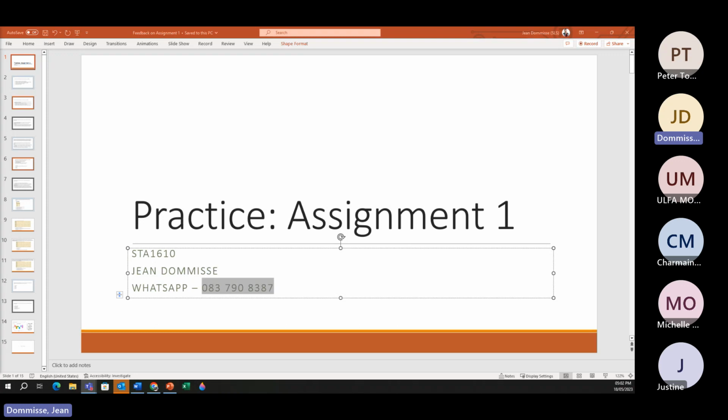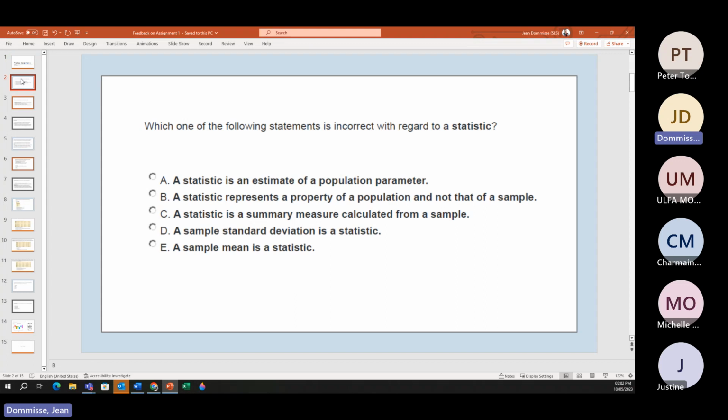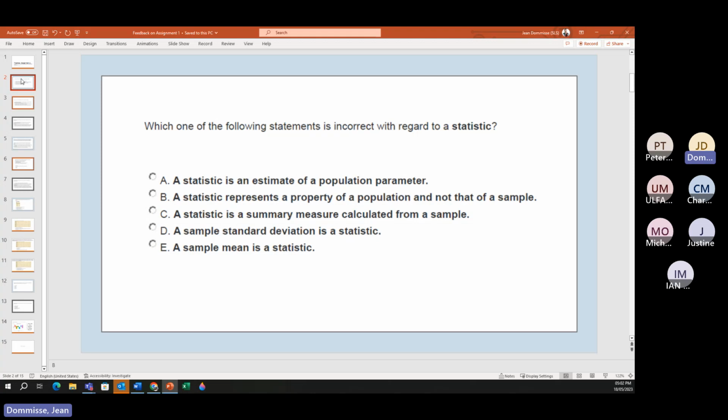Okay, so what I just want to go through is some of the practice questions for assignment one. It's basically looking at chapters 1 to 3, and this is a combination of some of the theory questions that might be in there.